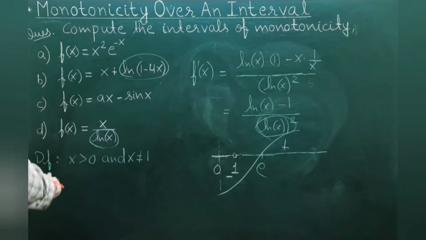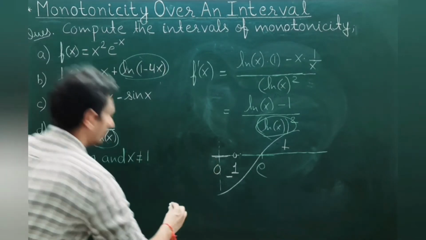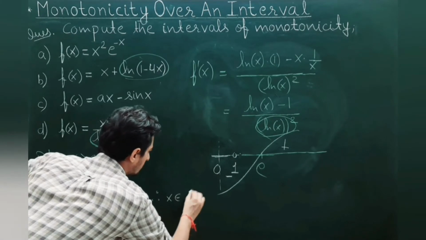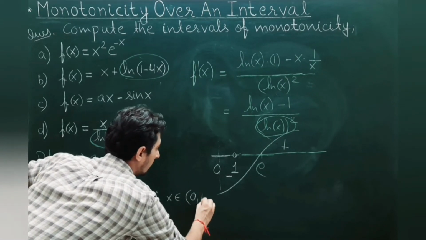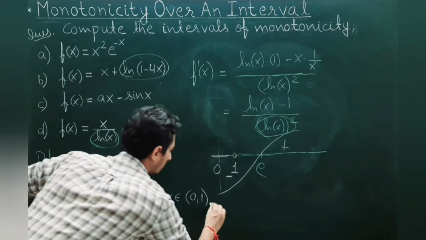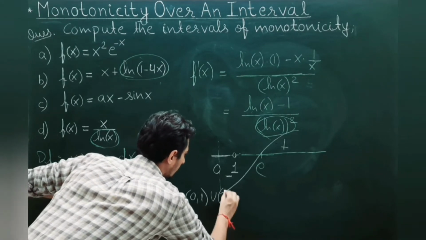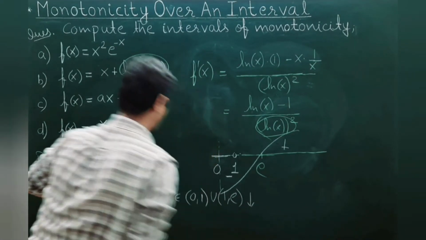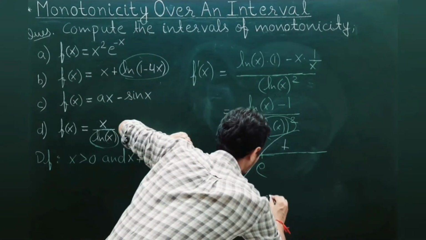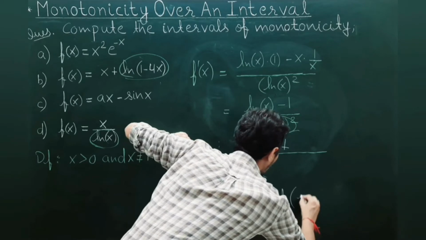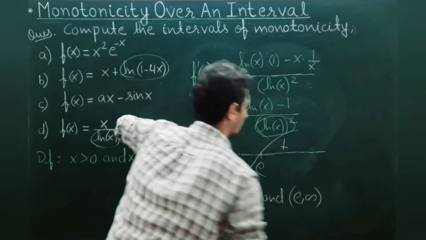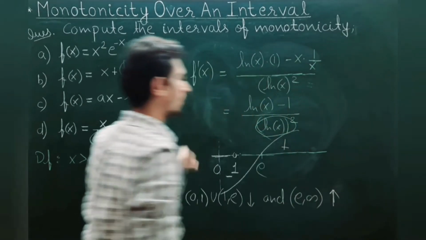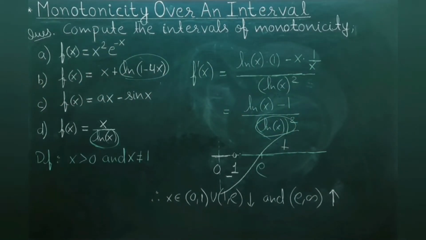Now by looking at the domain and the derivative, I can see that for x belonging to (0, 1), because 1 is not included, union (1, e), it is negative, therefore decreasing, and from e to infinity it is positive, therefore increasing, or strictly increasing, right?